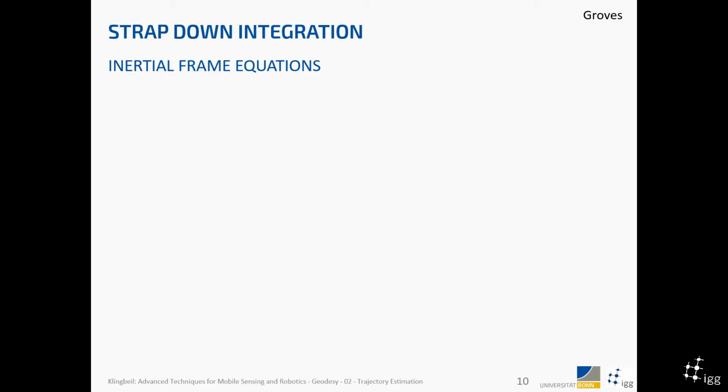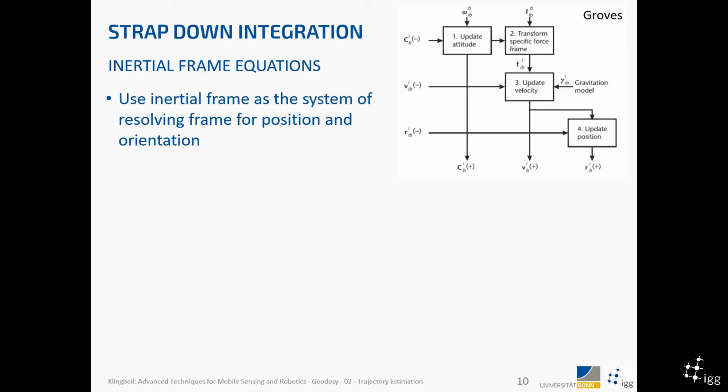Of course, the inertial frame is not a coordinate frame where we're actually interested in, but it's the easiest thing because the measurements of the inertial sensor that I just described are already with respect to that inertial frame, so it makes the math much easier. So the inertial frame is the resolving frame for position and orientation; the results are given in the inertial frame.